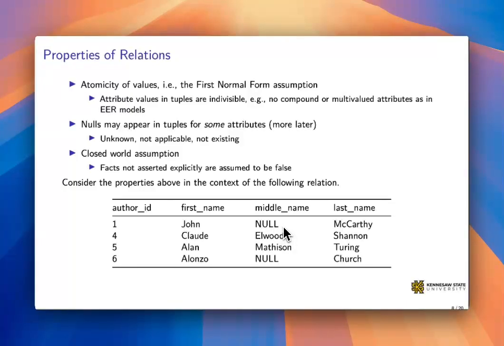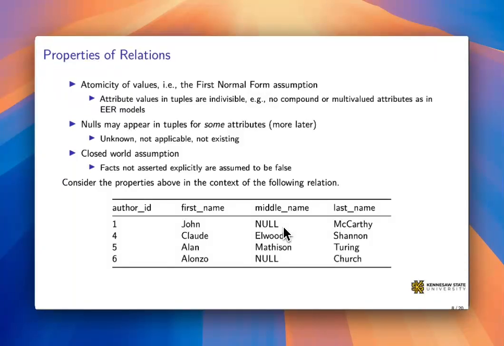Now, what a null means in a database is not clear from just the information in the database. It could mean that we don't know the middle name. It could mean that John McCarthy doesn't have a middle name, or that it's not applicable in our domain. So because of the problems associated with nulls, and there are many other problems as well that we'll learn later, we try to avoid nulls as much as possible.